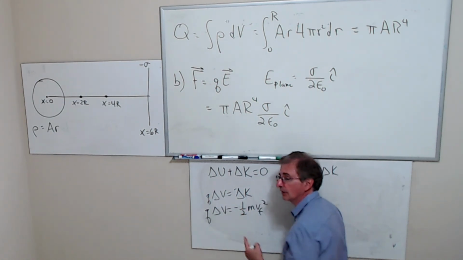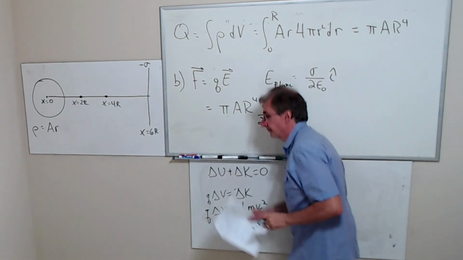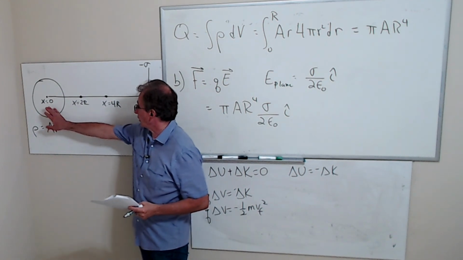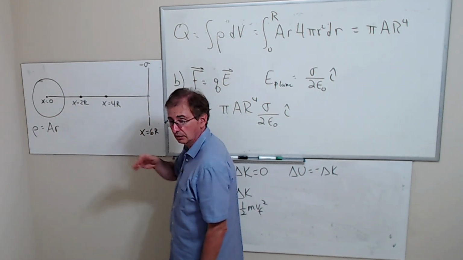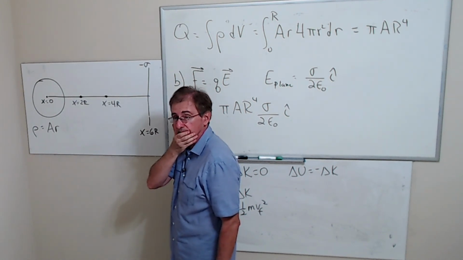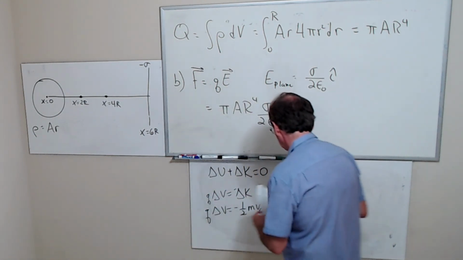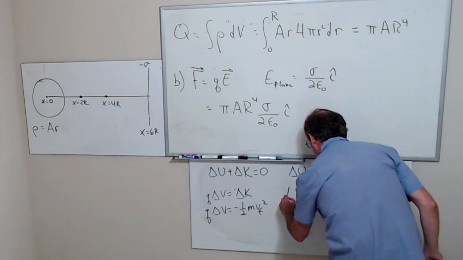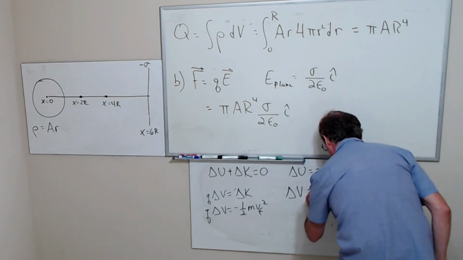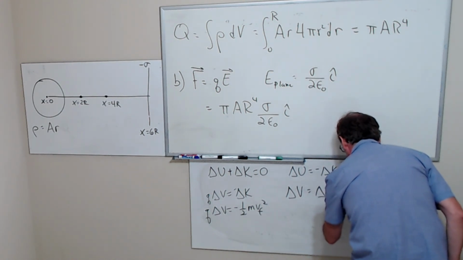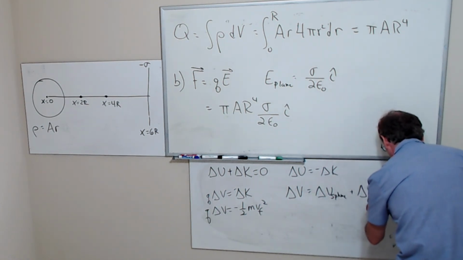And really all I need to do now is find delta V. I need to find the delta V for this sphere and the delta V for this plane. So I'm going to do them separately and then combine them. Okay, delta V is going to be delta V of the sphere plus delta V of the plane.